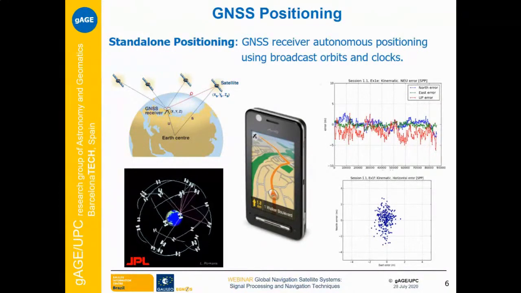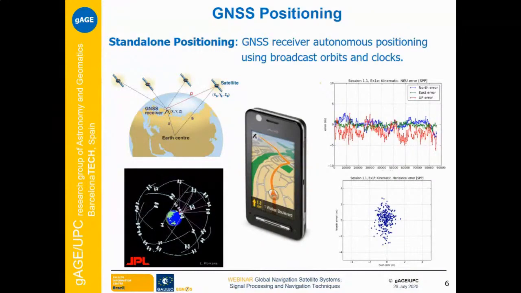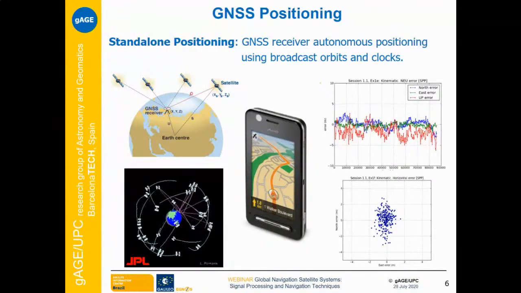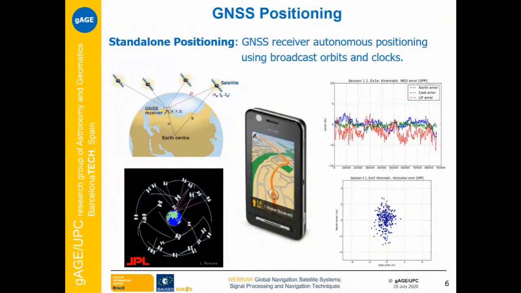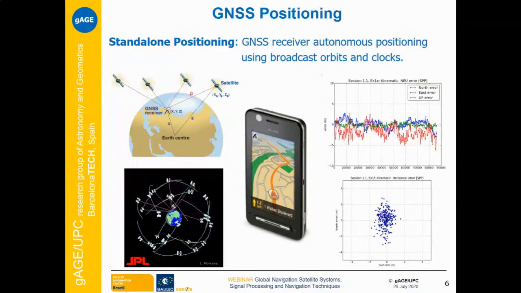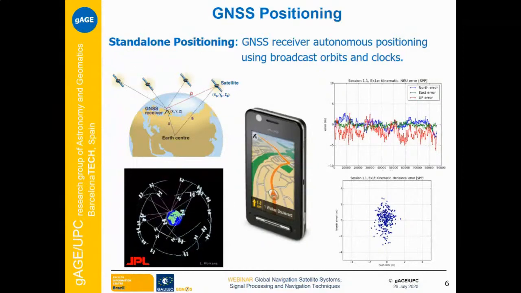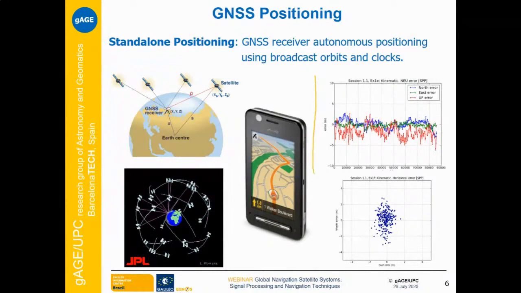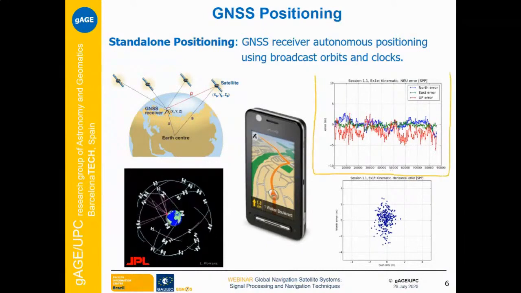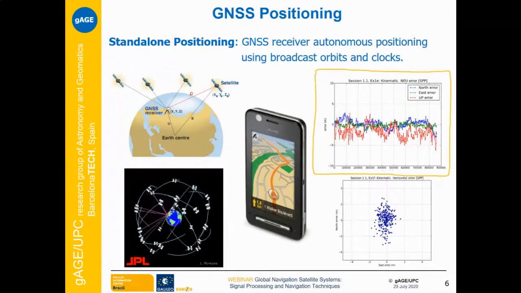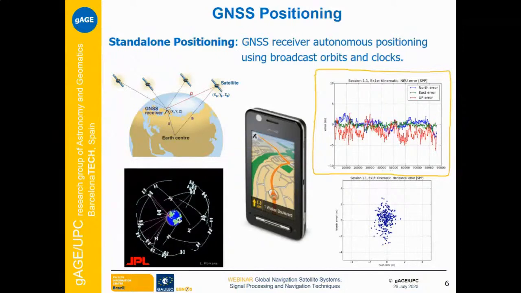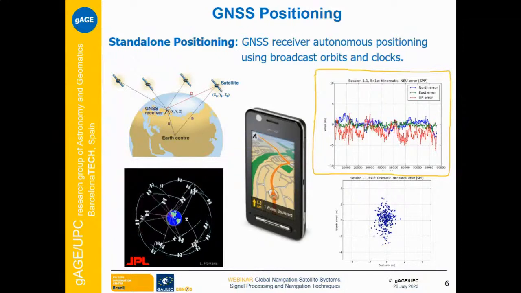If we look at the error, and by error we mean the difference of the coordinates estimated with the standalone with respect to the truth, we can see here in the top right of the slide that we can achieve errors of a few meters.